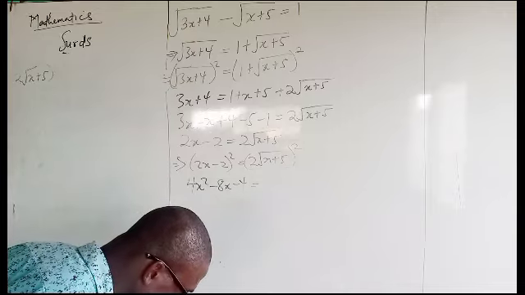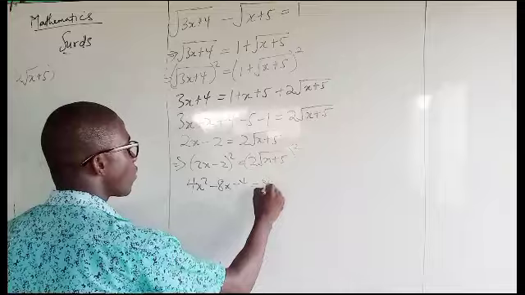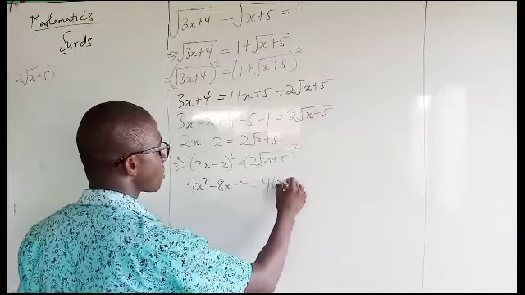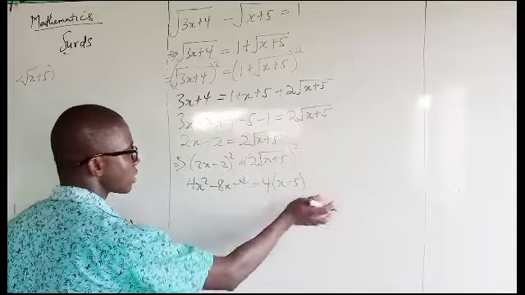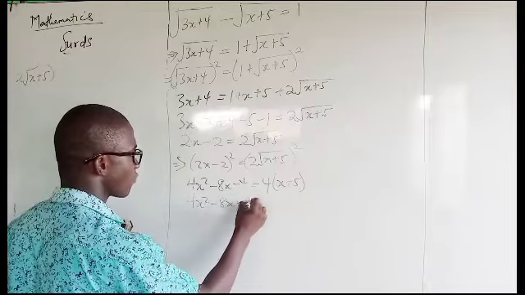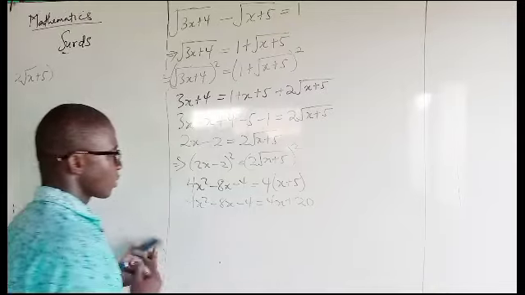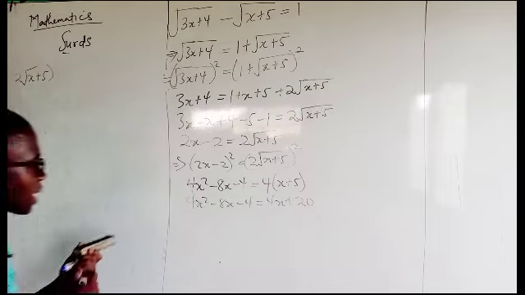That gives us 4 into bracket x plus 5. So this square root cancels with the square. So we have 4x squared minus 8x plus 4 is equal to 4x plus 20. So 4 times 5 is 20, right? Okay, good. So now let's group them together.